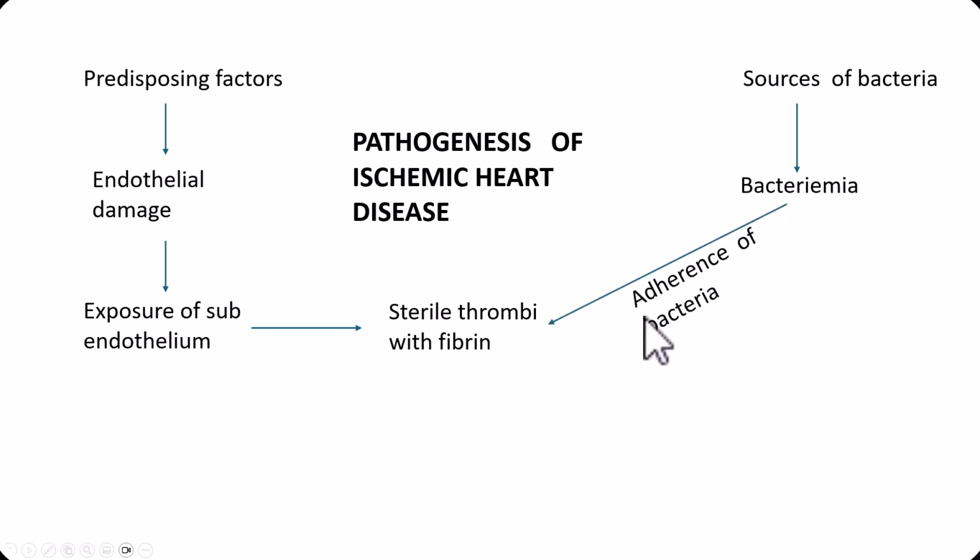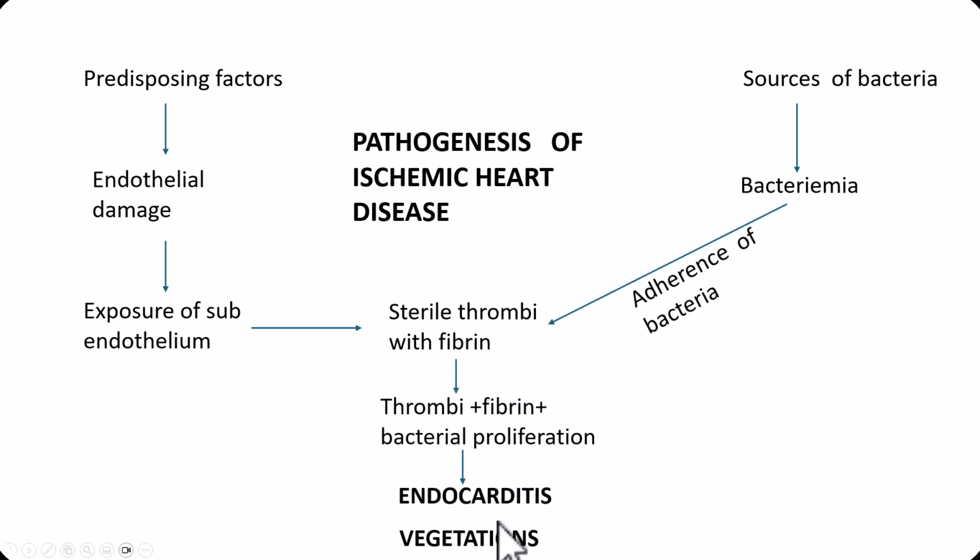And these bacteria, which are freely flowing inside the bloodstream, adhere onto the sterile thrombi, leading on to the formation of endocarditis and vegetations. Vegetation is the proliferated mass which is composed of the thrombi, the fibrin, the organisms, the RBCs, and the WBCs. Okay, that is the vegetation.